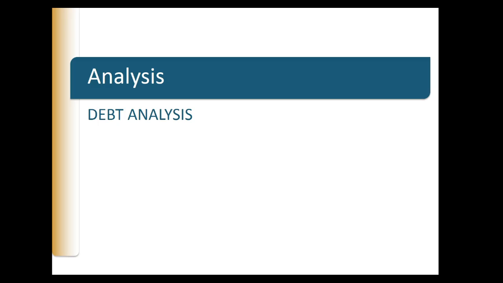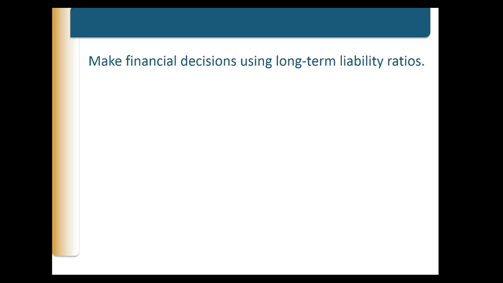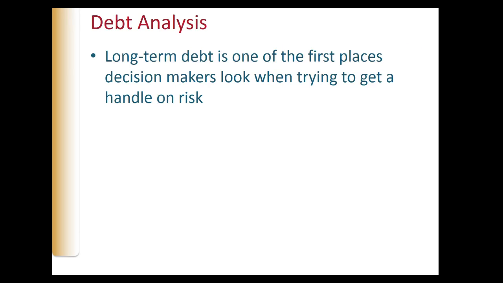Next, we're going to look at debt analysis. We're going to make some financial decisions based on using long-term liquidity ratios. Business decisions include risk. Failure to properly consider risk is one of the most costly, yet common, mistakes investors and creditors make.